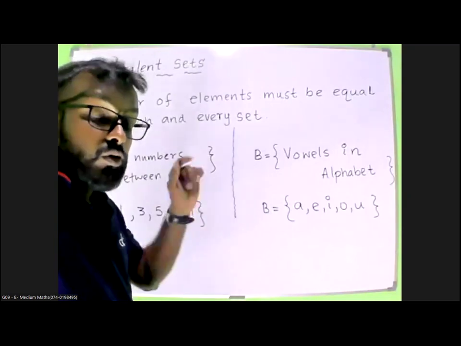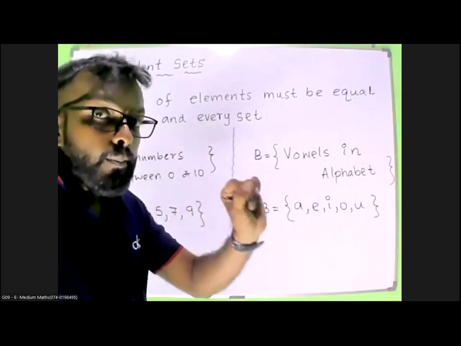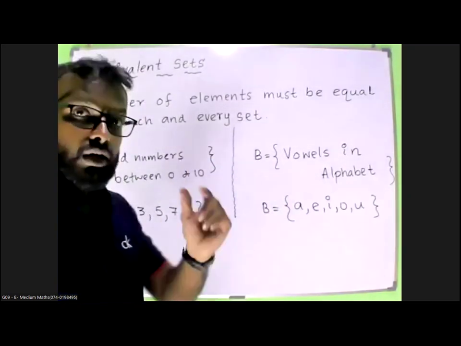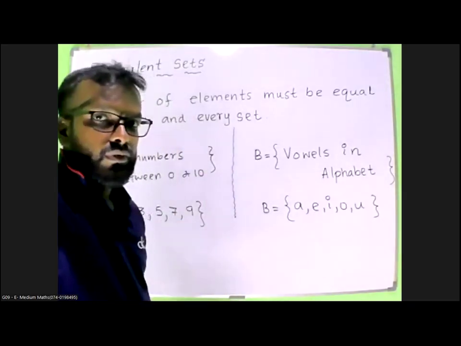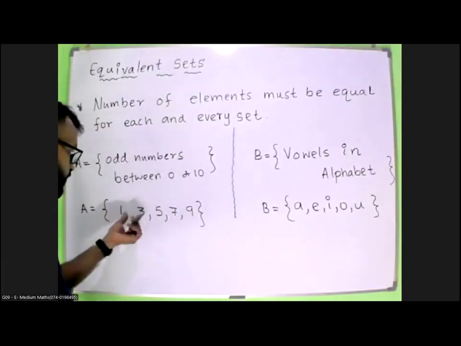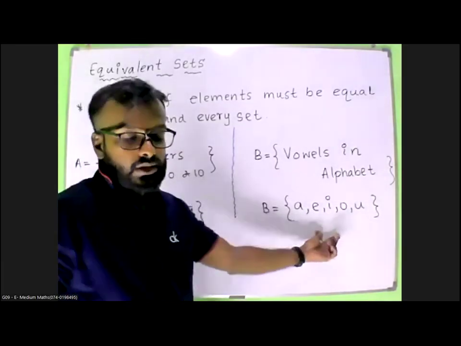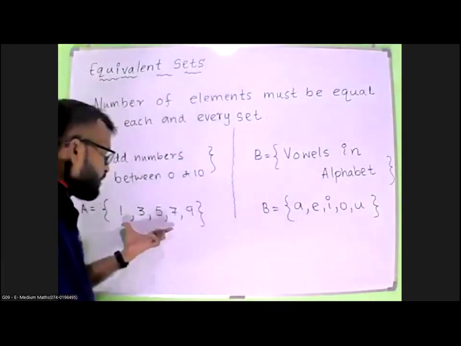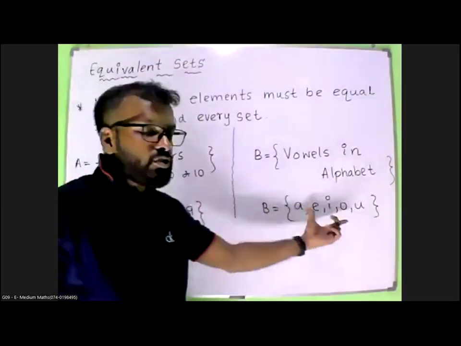No, we need to consider the number of elements of A and of B. There are 5 elements in set A and 5 elements in set B.